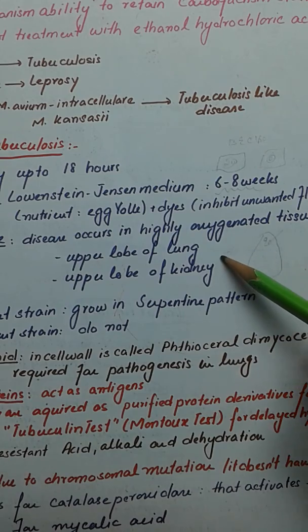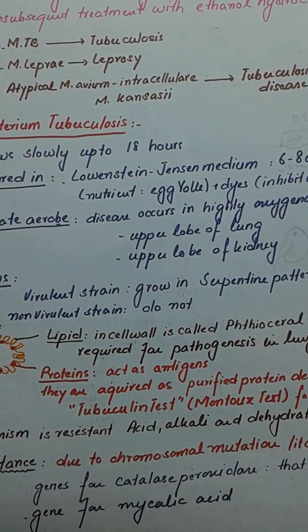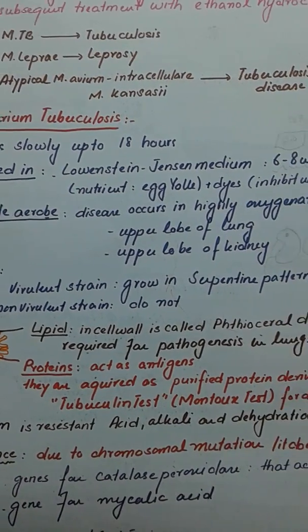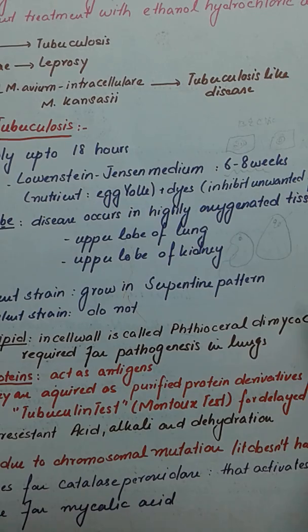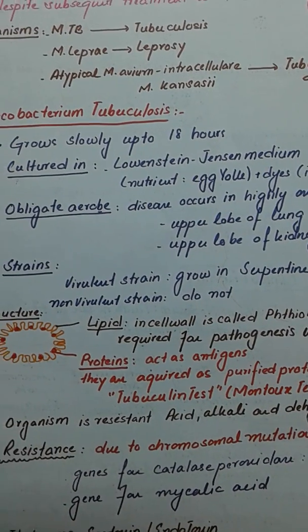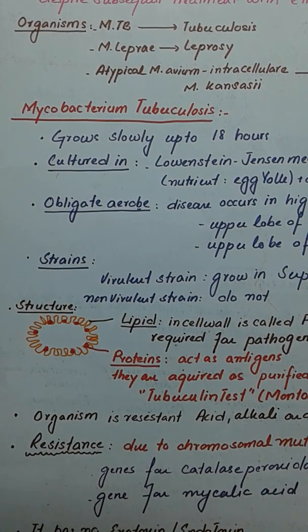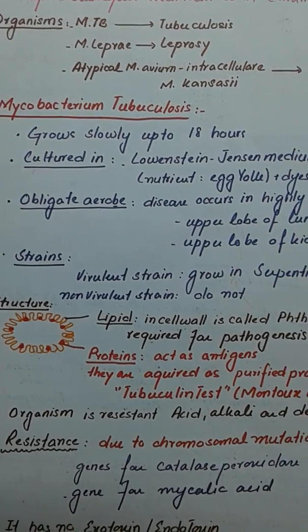Then the other part is that it also grows over the upper part of the kidney. Now, it has a few virulent strains. The virulent strains grow in a serpentine-like fashion, like a snake-like fashion, whereas the non-virulent strains do not grow in such a manner. Now, another thing about its structure is that we know that the cell wall is made up of lipids.